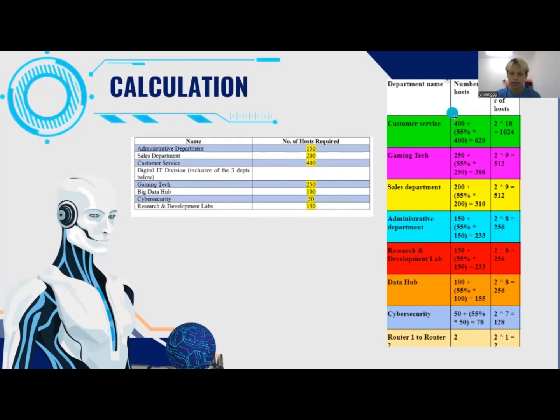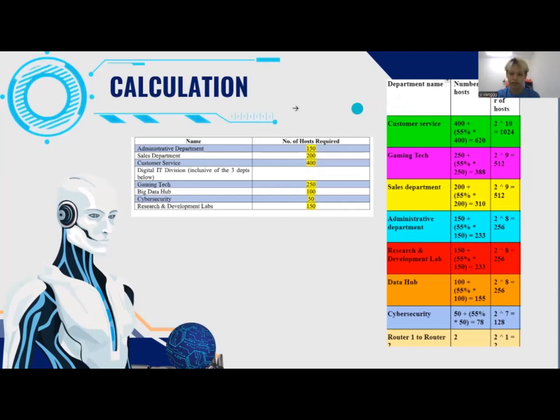We can take one example for customer service. Customer service requires 400 hosts, so we use 400 plus 55% times 400, and the result is 620 hosts, and for the total hosts we can use power of 2 to get the result.